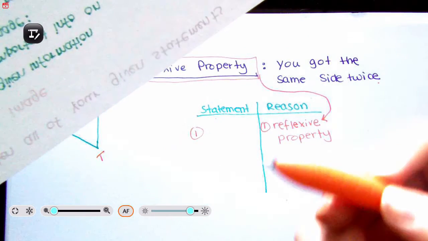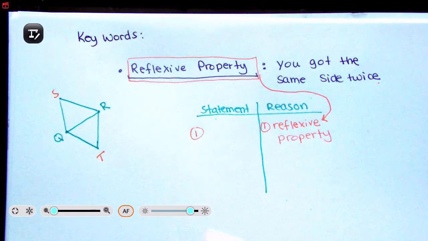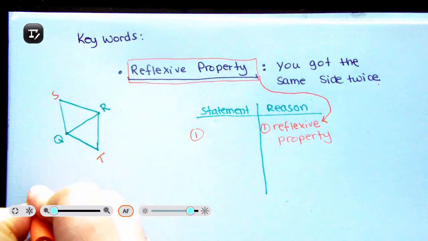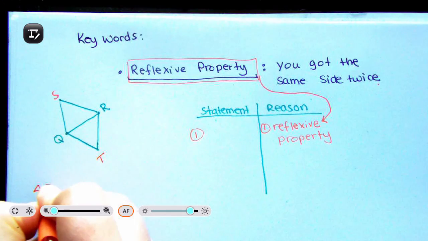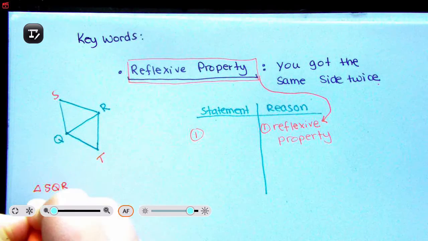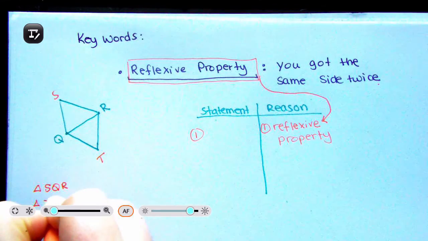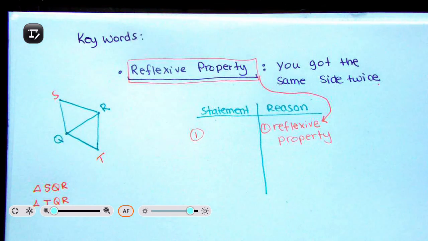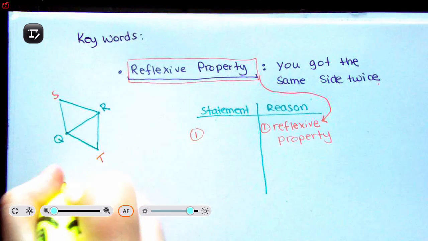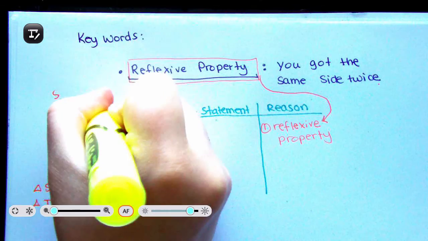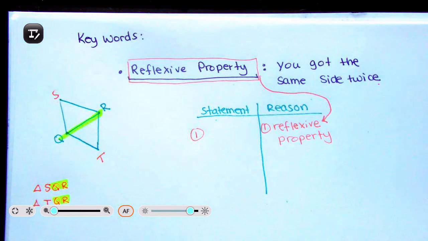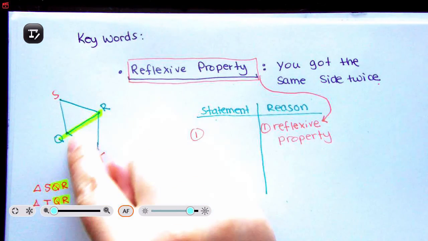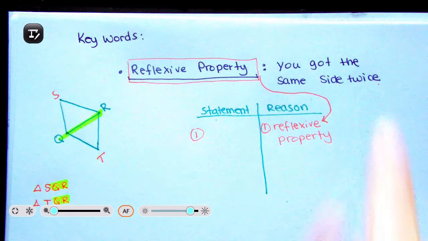So you have the same side twice. So if I was to rewrite it, you have triangle SQR and you have triangle TQR. Both of these triangles share this side. So meaning if you were to flip these triangles over, this side would be the same side twice.